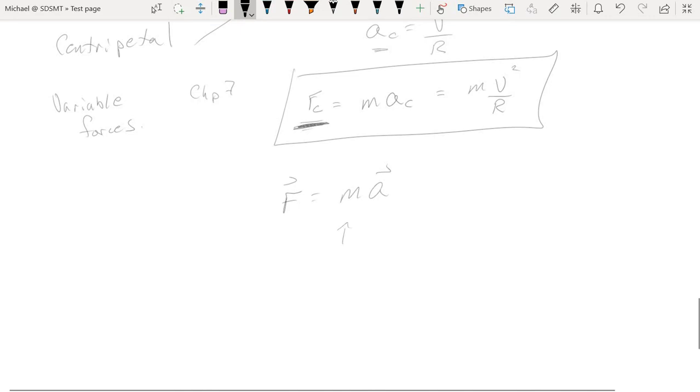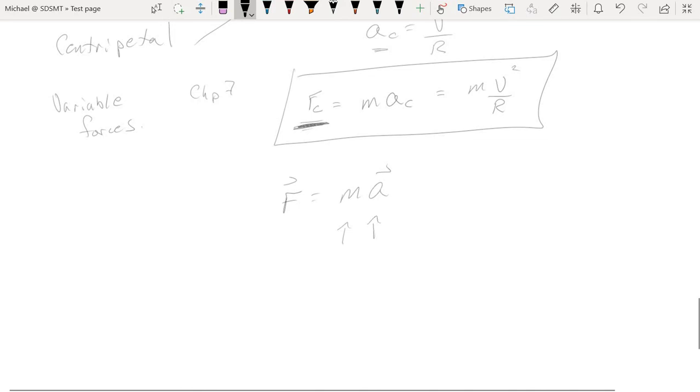Either the mass is not constant, so you're either gaining or losing mass somehow, and that can happen. A really good example of that would be like a rocket. As a rocket blasts off, it's constantly expelling mass in the form of fuel, and so it can have a variable force.